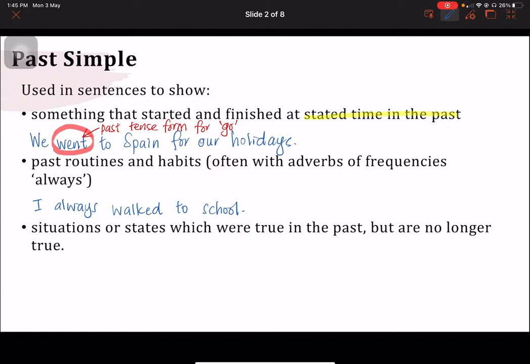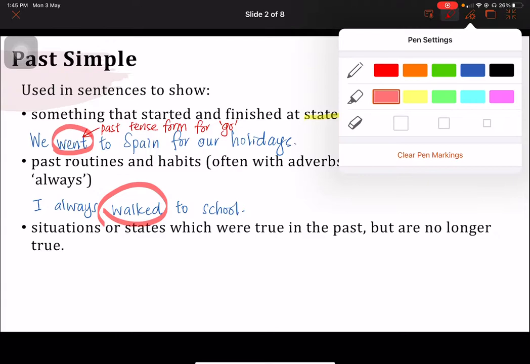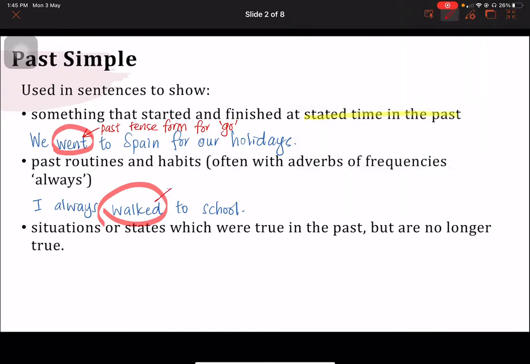So again, we talk about different frequencies. So here, walked is the past tense of walk. It means that before this, every day you walked to school. Maybe now you don't walk anymore. Maybe your father sends you to school. That is why you don't walk anymore, right?